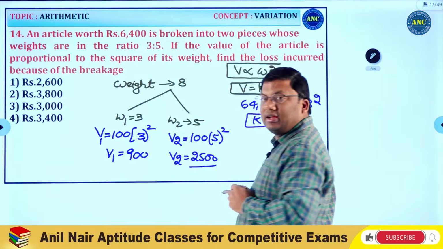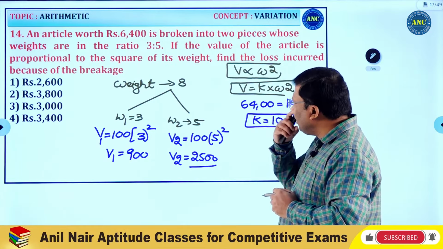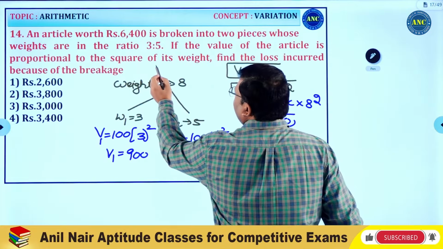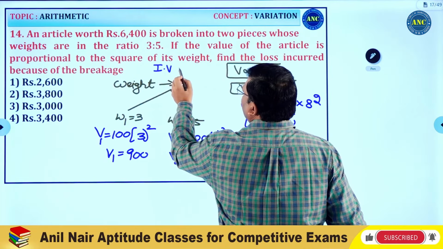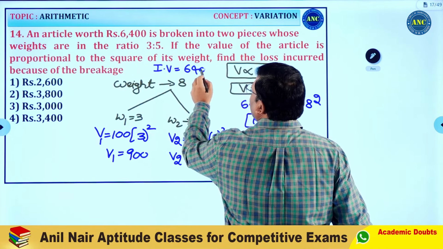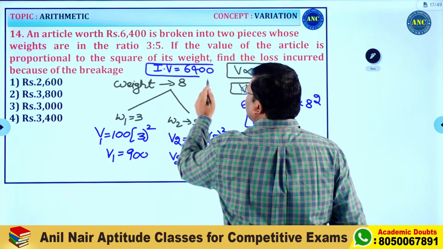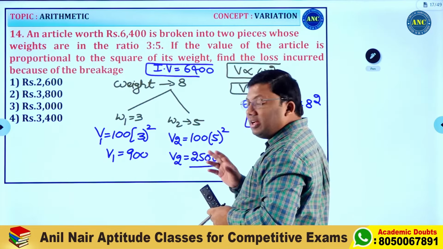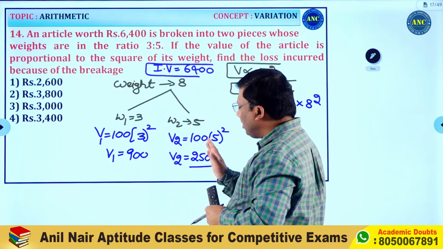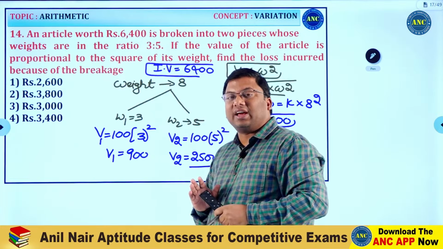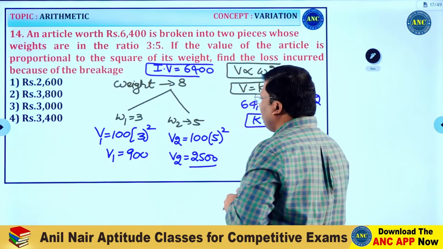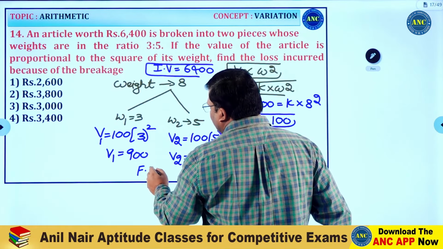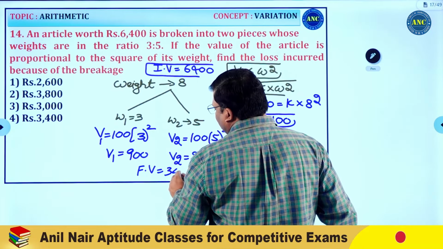The initial value of the article is given as 6,400. Because of breakage, it became the first part 900 and the second part 2,500. 2,500 plus 900 is 3,400.